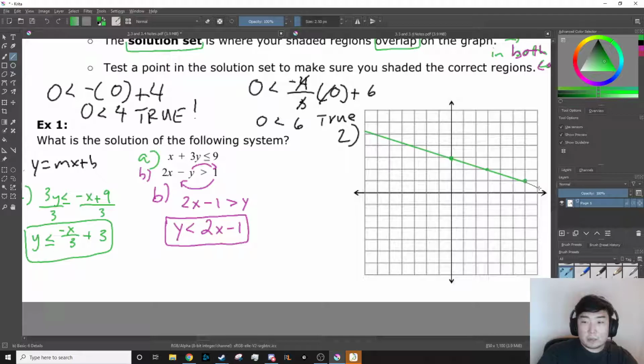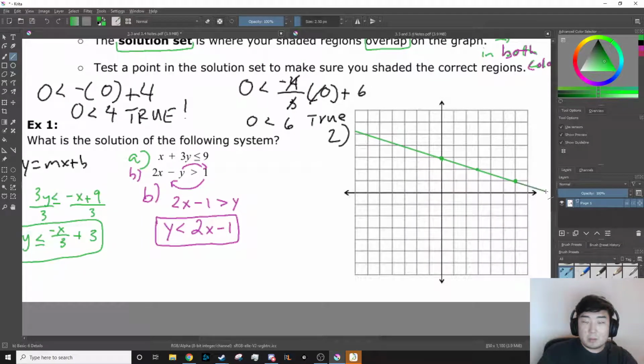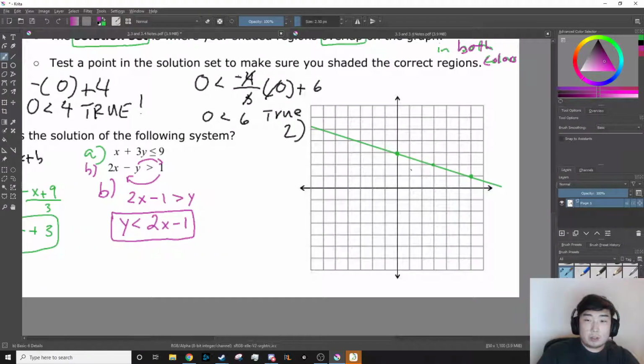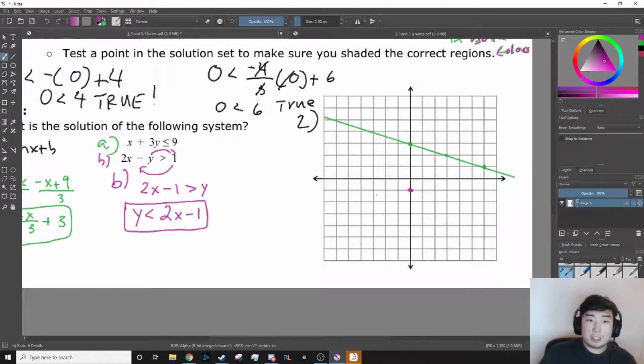So I'm going to just draw that like that. And then now I'm going to do this one. This is negative 2. Well, minus 1 is my y-intercept, and I'm going to go up 2, 1, up 2, 1, up 2, 1. And I just draw a line. So it's going to be here to here. Nice.